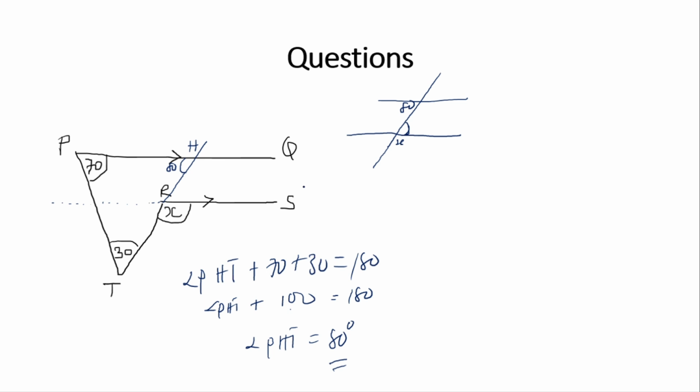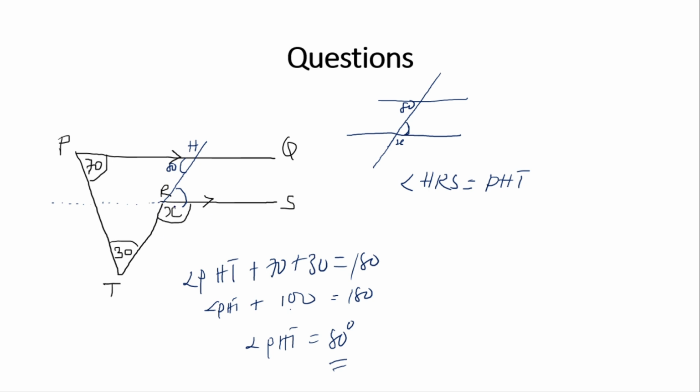So we can state that angle HRX, this angle, is equal to angle PHT. Hope you understand what I'm saying. PHT, the angle formed here, this angle is the same as the angle formed here, HRX.